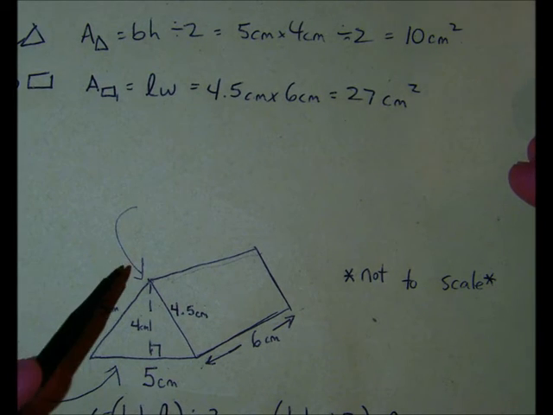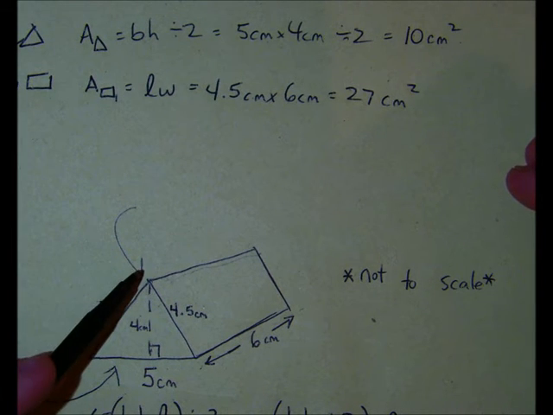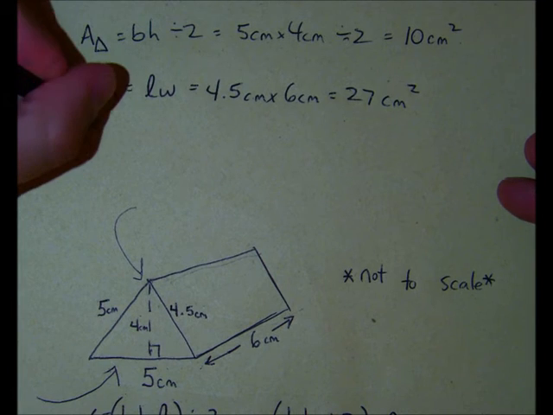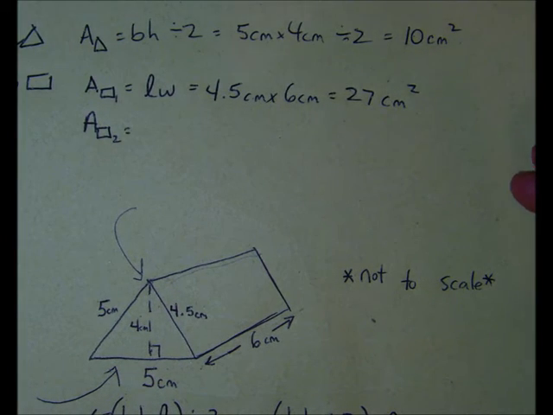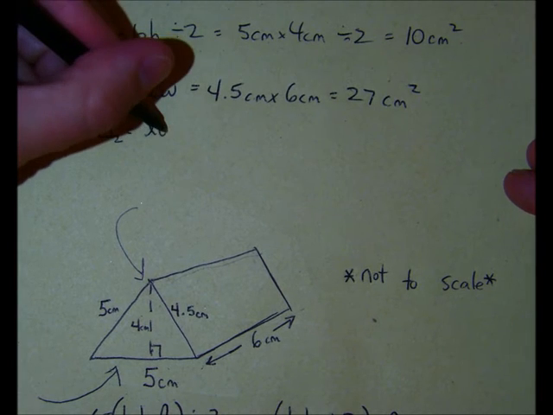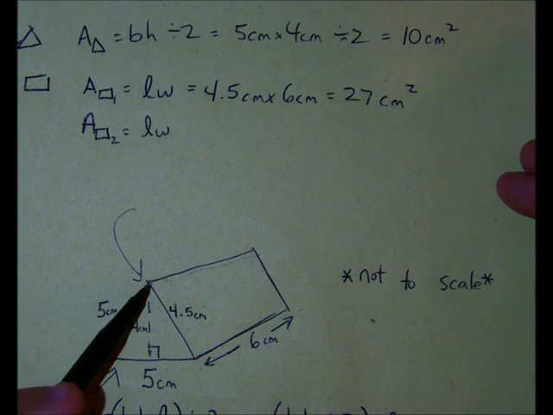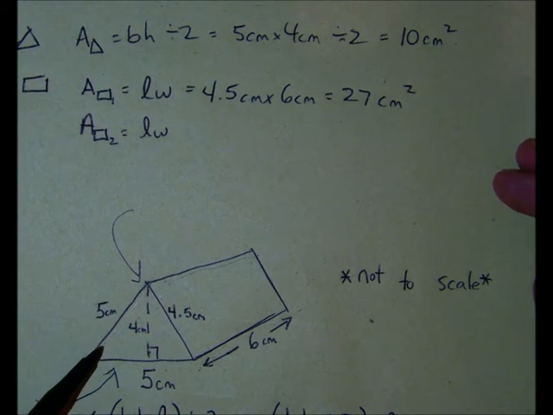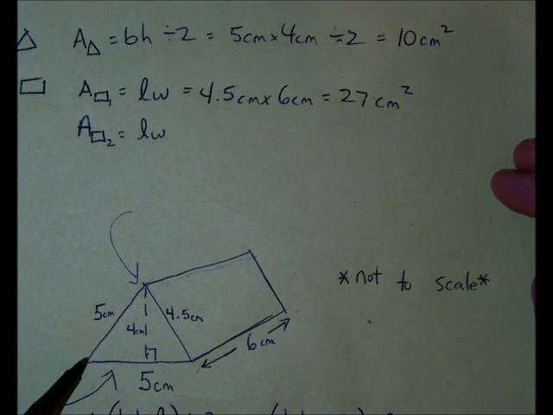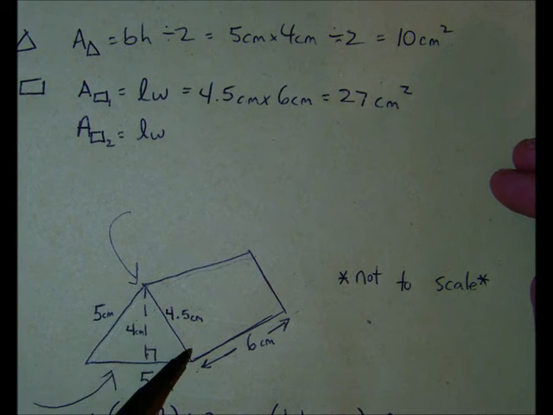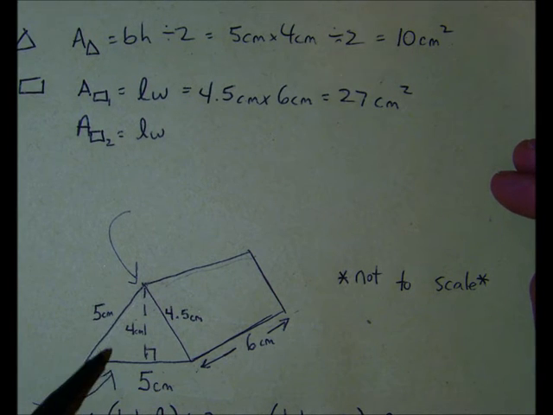Our second rectangle, on the left side of this prism, I'm going to call rectangle 2. And we calculate the area of a rectangle again, length times width. In this case, the width is going to be this dimension. So it's going to be made up by one of the sides of the triangle, much like this one, and the bottom one will be.